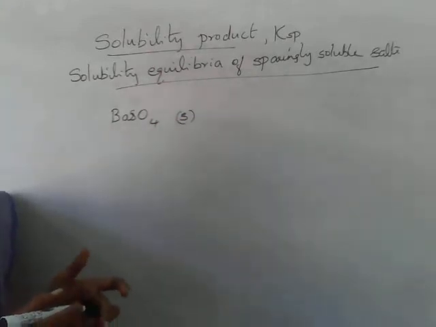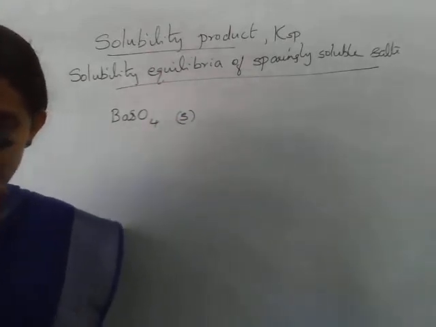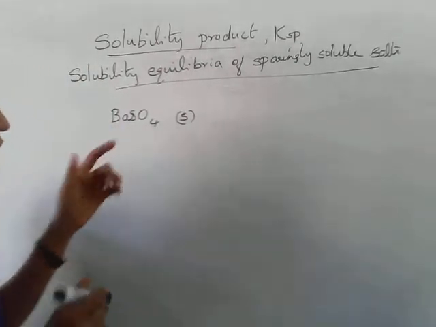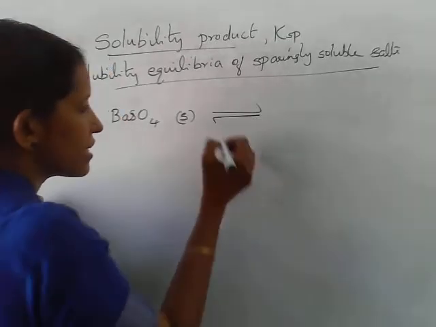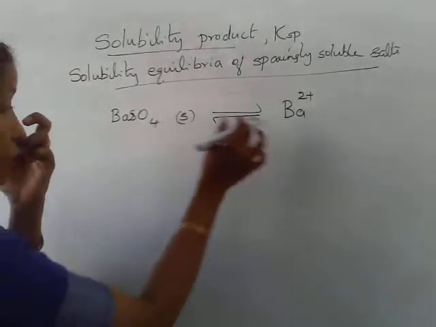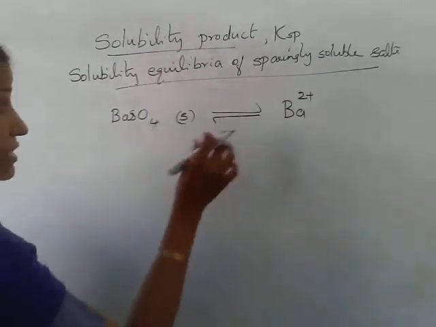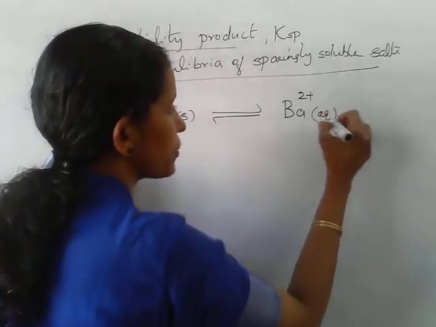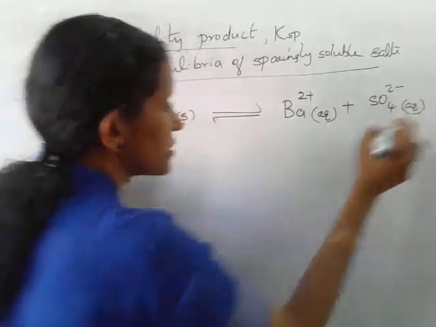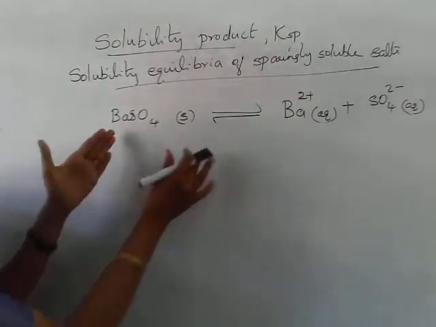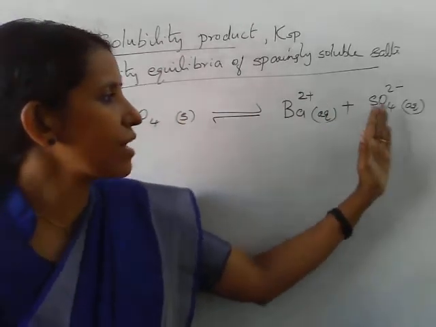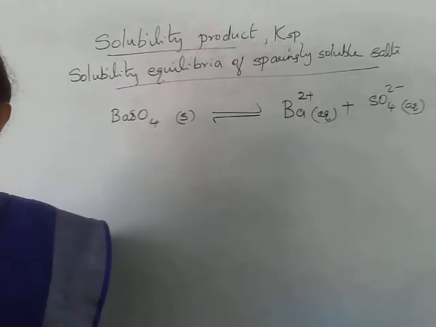When we consider the saturated solution of barium sulfate, there would be an equilibrium between the solid barium sulfate and the ions present in the saturated solution, that is Ba2+ ions and sulfate 2- ions.